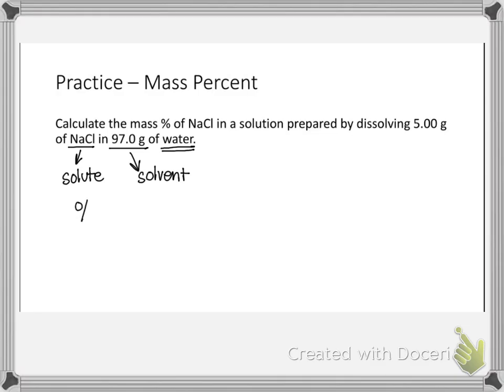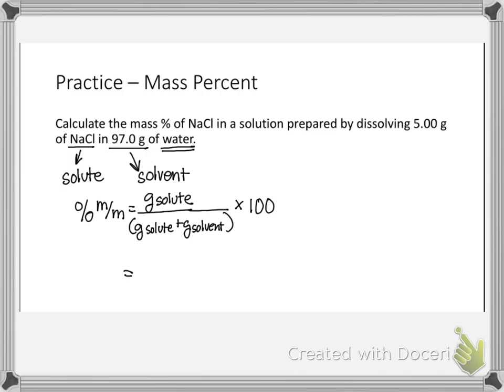All right, so the percent mass to mass is going to be the grams of the solute divided by the grams of the solute plus the grams of the solvent. I'm putting parentheses because in your calculator, you want to then times 100. So it is 5 grams of sodium chloride divided by 5 plus 97, times 100.